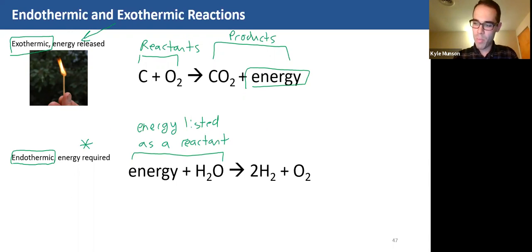So it takes an input of energy. So as you go through the homework problems, ask yourself that question. Does this require me to put in energy for it to happen? Or is energy released by this process? Okay? So think about that as you do the homework.